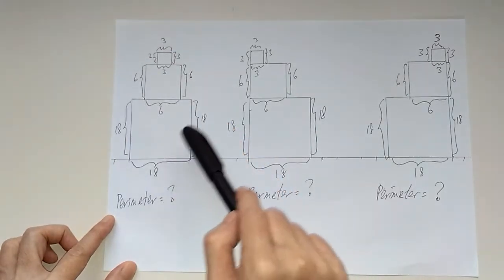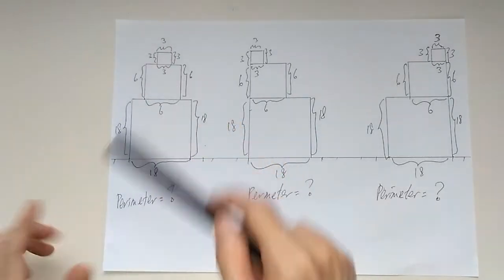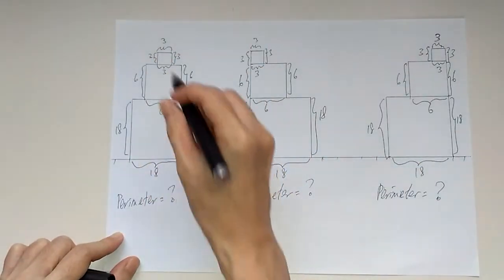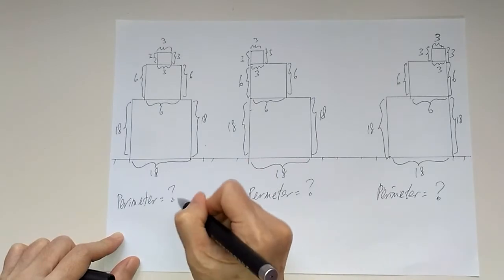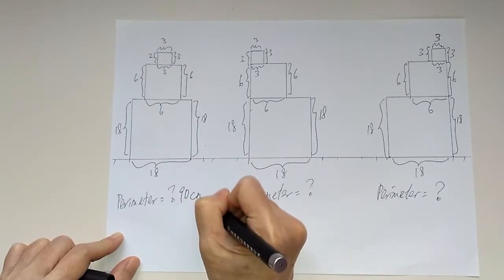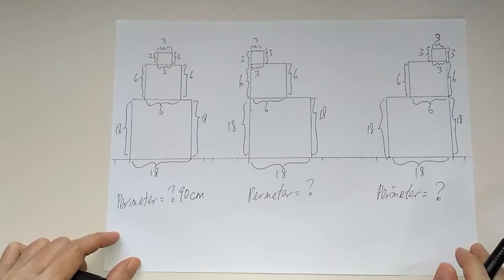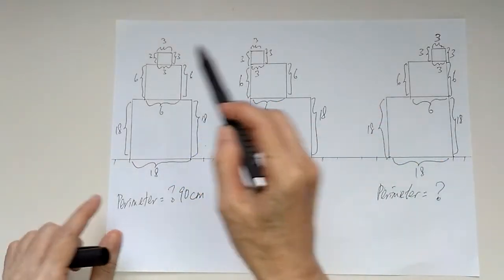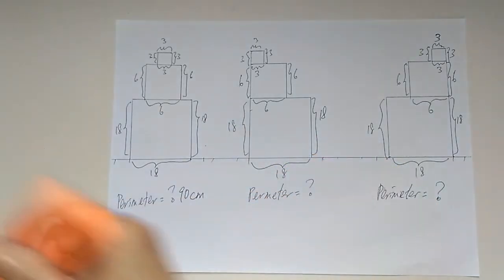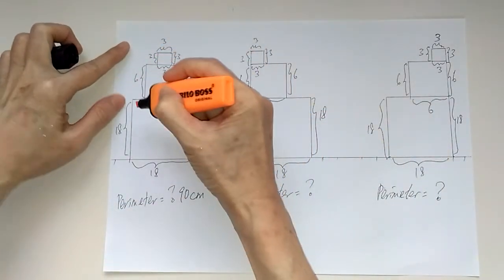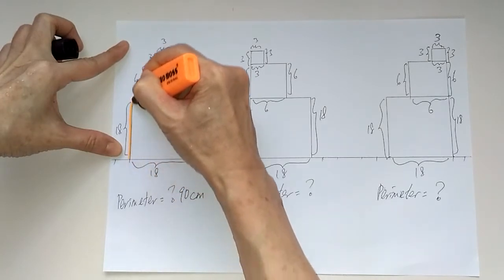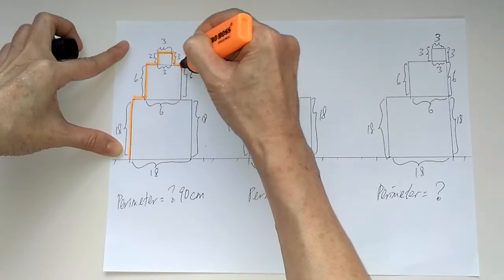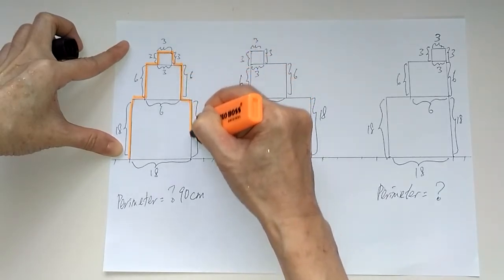The perimeter that I mentioned is the outer line. Perimeter is to find the outer line of the figure.